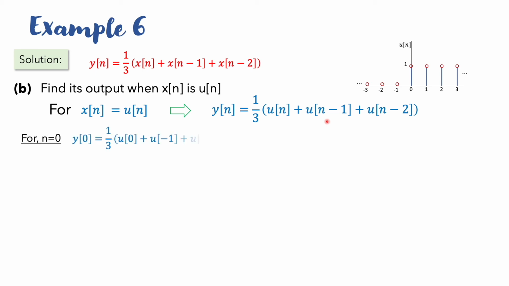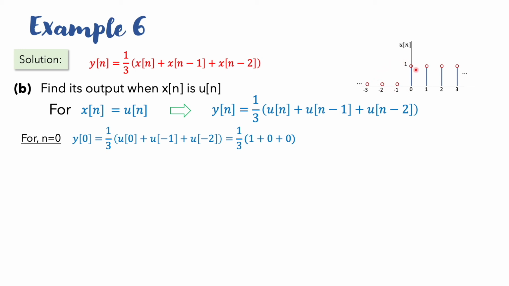Okay, for n equal to 0, this will be u of 0, this one, which is 1, and then n minus 1 means 0 minus 1 is this sample, and then n minus 2 is this sample, because n is 0, so 0 minus 1 is minus 1, and 0 minus 2 is minus 2. So this system is averaging this sample and this sample.